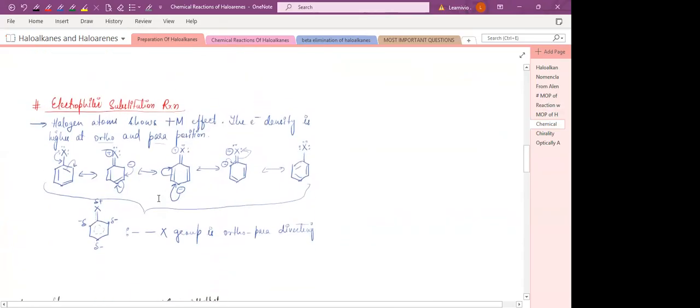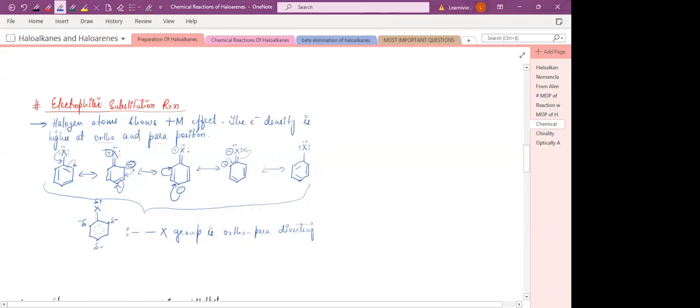Yeah, see here. When we were discussing the electrophilic substitution reaction, we discussed that halogen also shows plus M effect. So the electron density is higher at ortho and para position. When you draw the resonating structure, this will give the electron, right? You can see where the electron density is increasing: this is the ortho position and this is your para position.